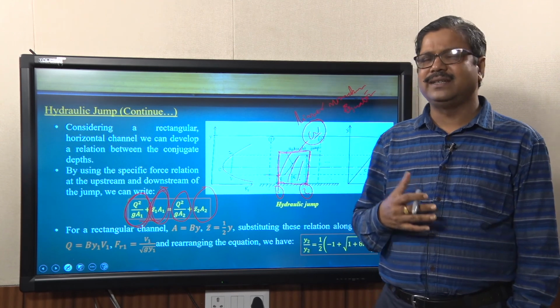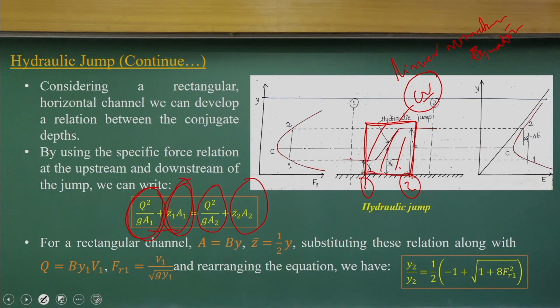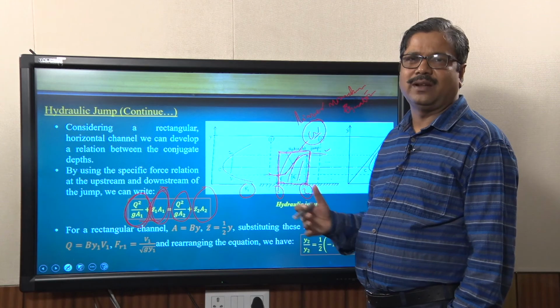So, if I consider a free surface flow where we have a hydraulic jump, we can easily find there are no significant other forces. So, we can use a very simple concept that the specific force at section 1 and section 2 should be equal.